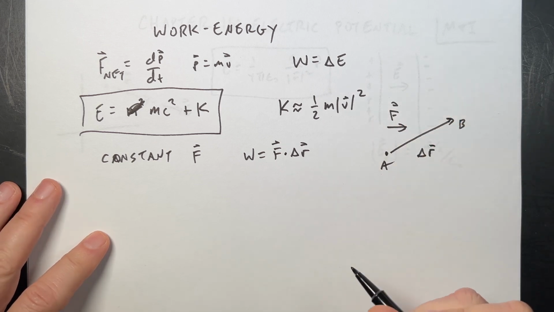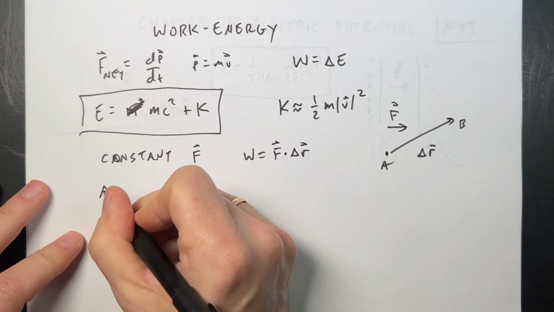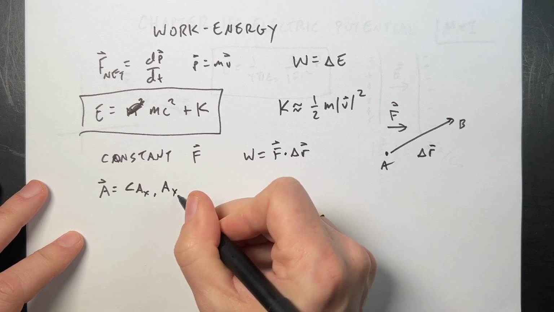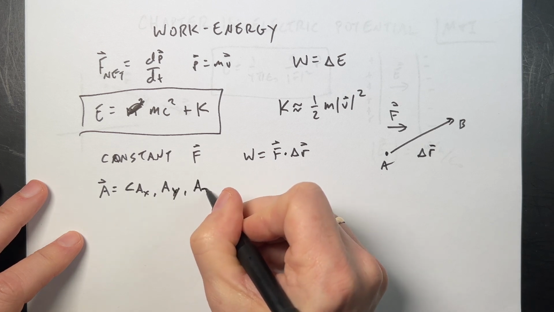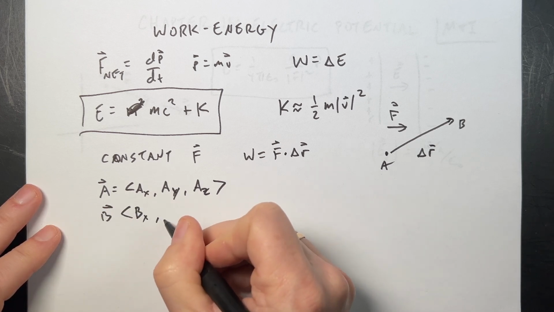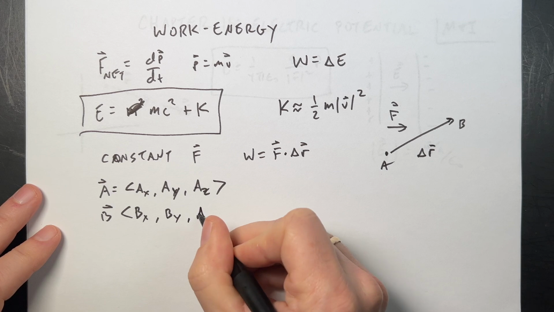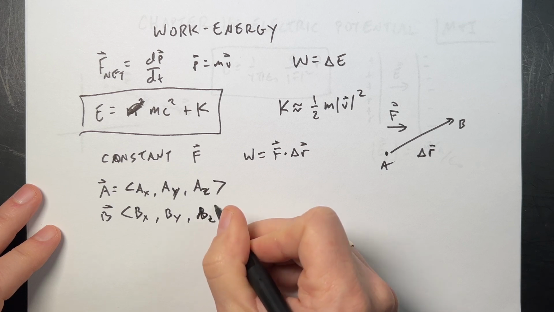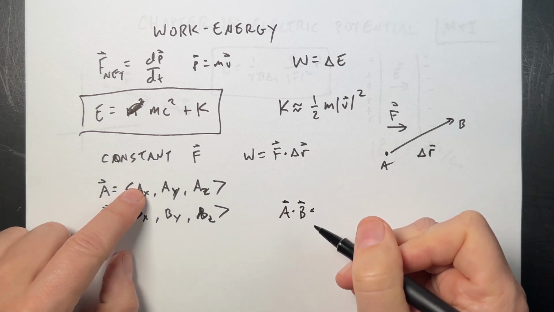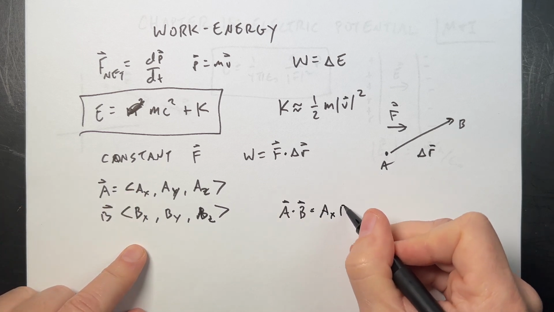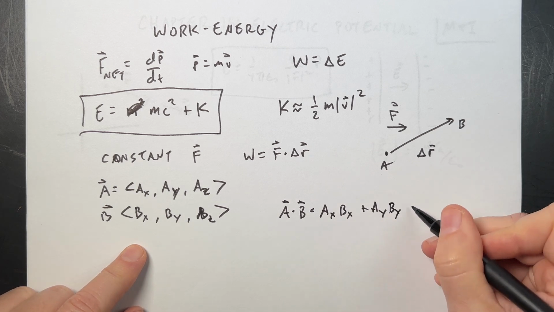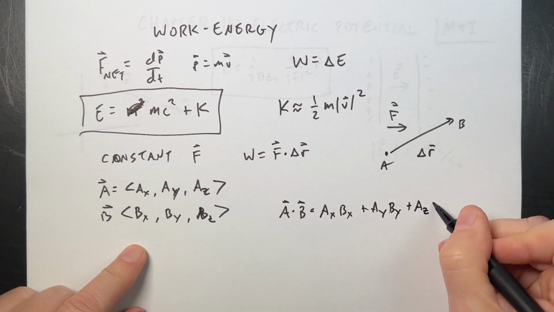Let's do a quick review of the dot product. If I have two vectors, A, which has an X component, a Y component, a Z component, and B has an X component, a Y component, a Z component, then the dot product A dot B would be simply the X components multiplied, AX times BX, plus the Y components multiplied, AY BY, plus the Z components, AZ BZ.